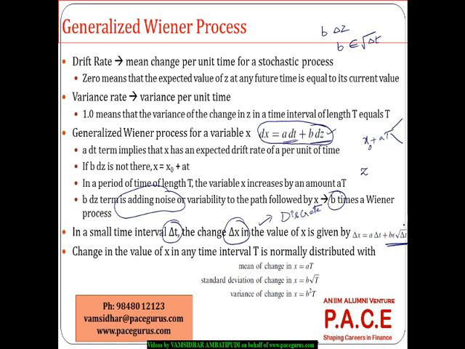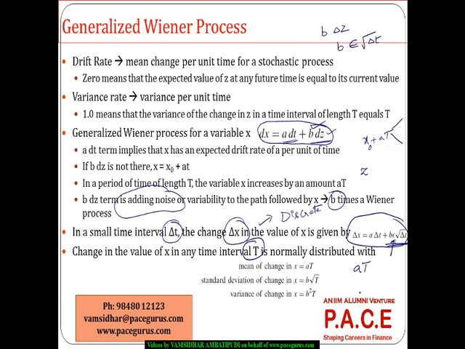So in a small interval delta t, if I want to know the change in delta x, I can very well go with this. Epsilon has a standard normal distribution with a mean of 0 and variance of 1. For this kind of process, if I am looking at a time interval t, the mean change during this period is at.